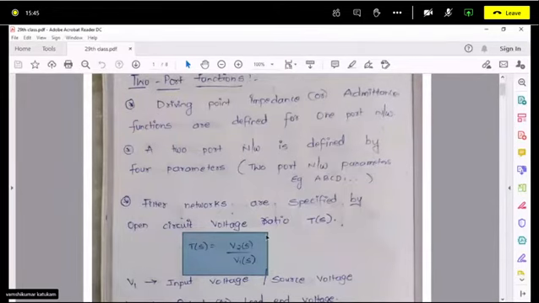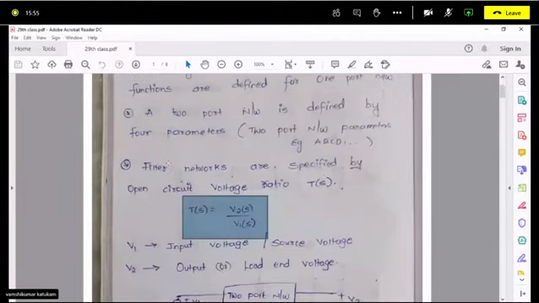Filter networks are specified by the open circuit voltage ratio. So two-port networks and filter networks are all specified in terms of this transfer function. What is the general definition of transfer function?